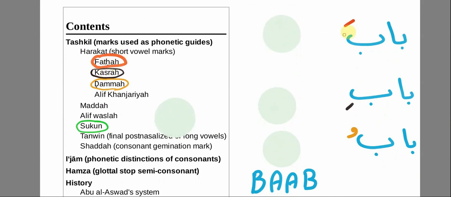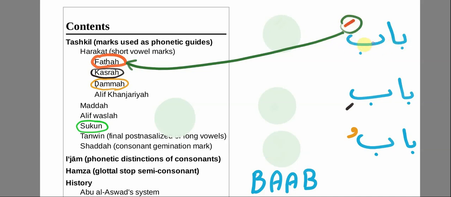This you see is at the top of the last letter. This word here is bab, B-A-B. I wrote it here. And you put this scratch on top, that's called fatha, and you pronounce it so by itself.